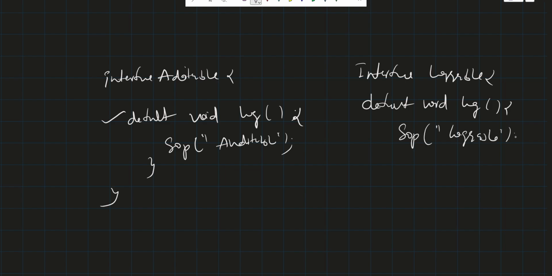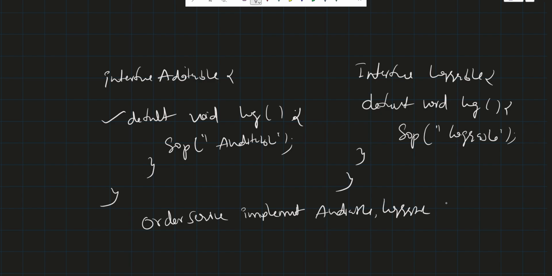Now I have an OrderService class, and it is implementing both interfaces, Editable and Loggable. Okay, in this case we just need to override void log.